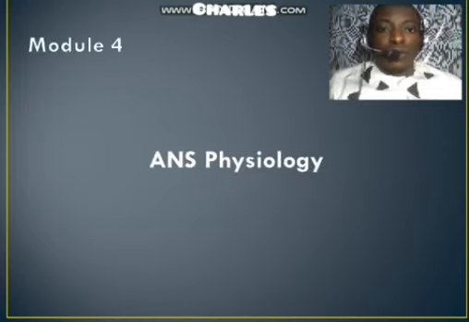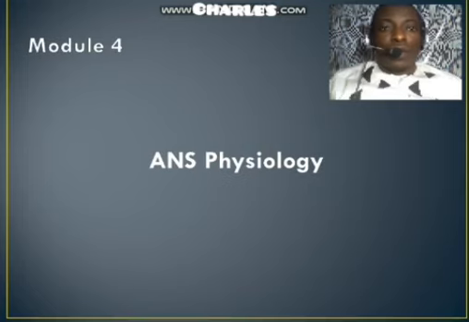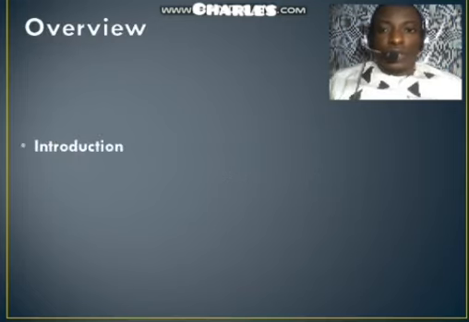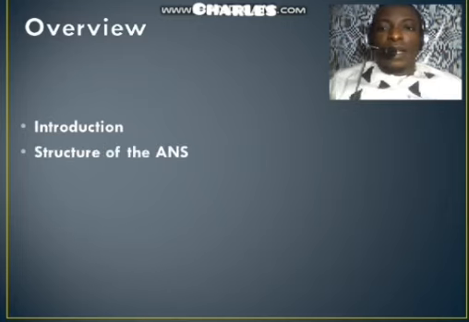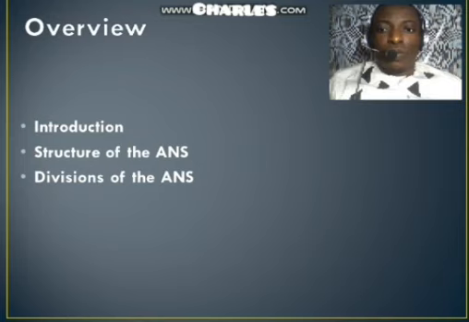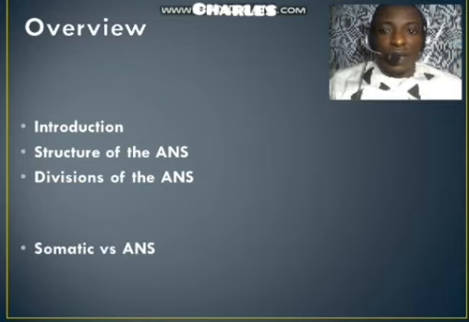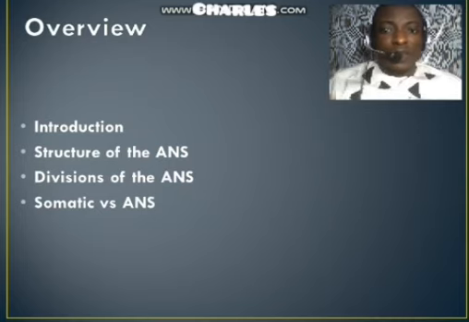In today's module, we'll be looking at the ANS physiology. ANS simply means the autonomic nervous system. We'll start with a brief introduction, followed by the anatomy of the autonomic nervous system, and then the divisions of the autonomic nervous system, followed by the differences between the somatic nervous system and the autonomic nervous system.